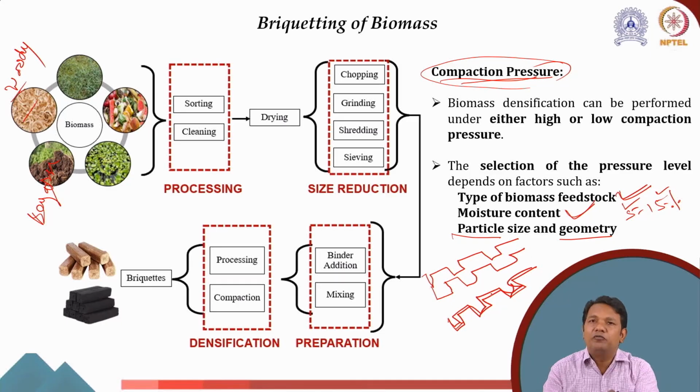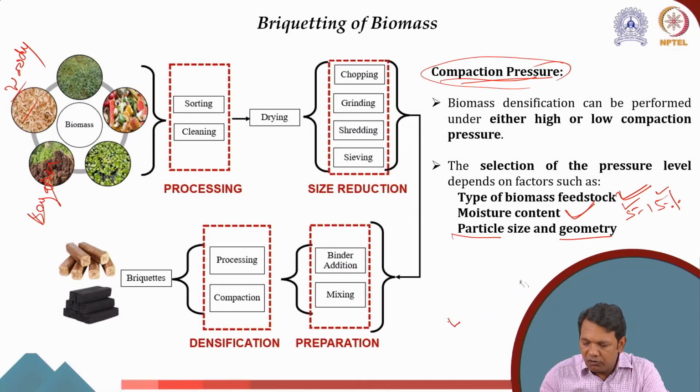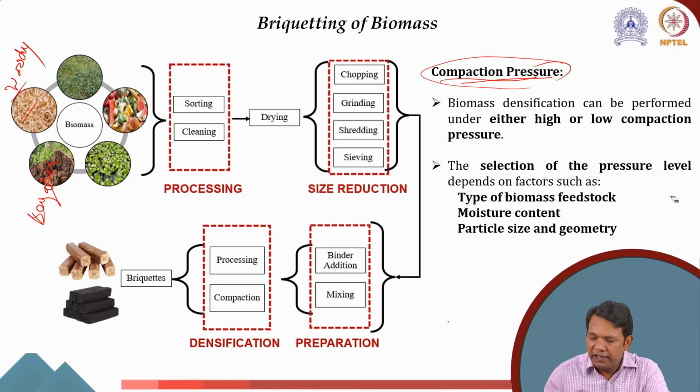Now taking them out will become very difficult. So shape and size play a very important role, and the particle size as well as the geometry, which of course depends on the shape factor, is very crucial for deciding the compaction pressure.